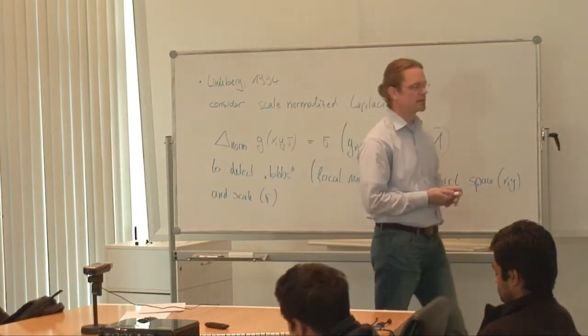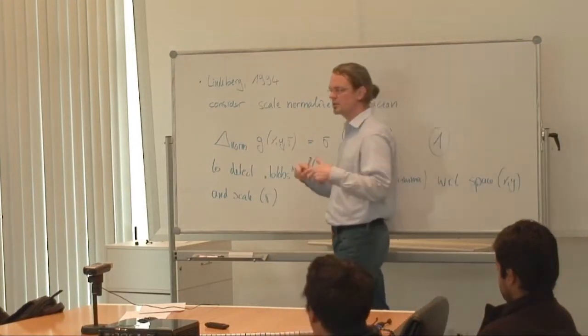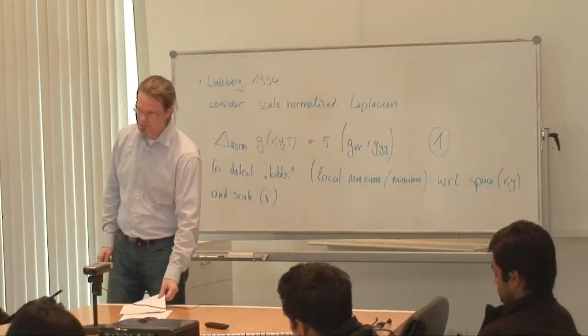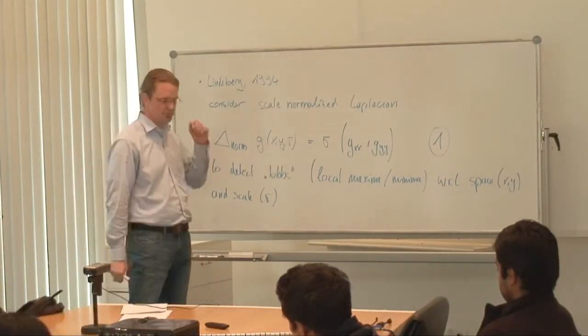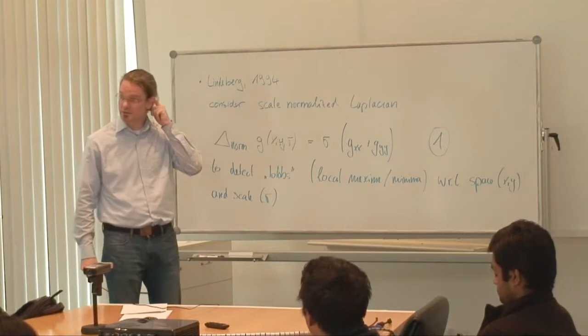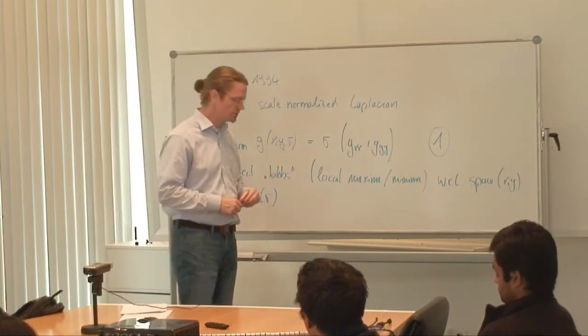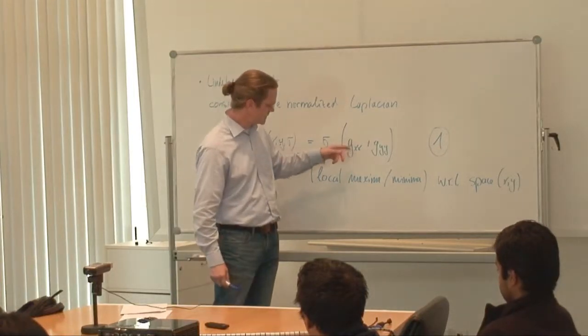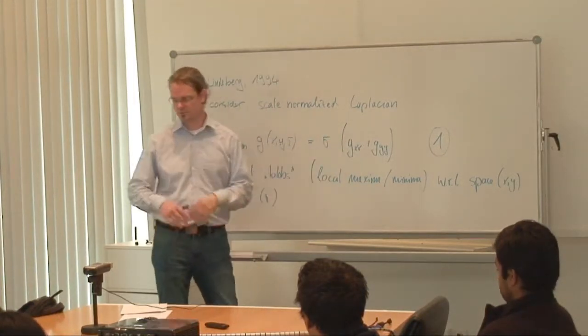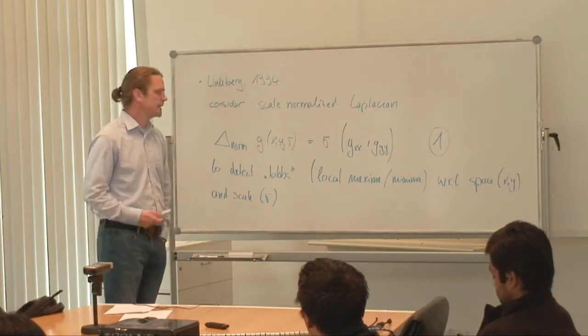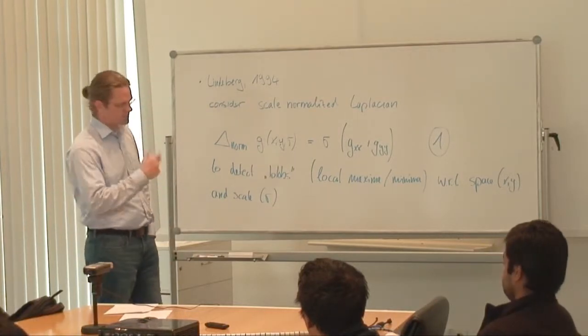By that I mean that given the notion of the Laplacian we have studied up until today, of course we can compute it for an image, and we can look at maxima and minima in the resulting image if we assign this value to every pixel, which gives us a new image. We can look for maxima and minima there and detect blobs.